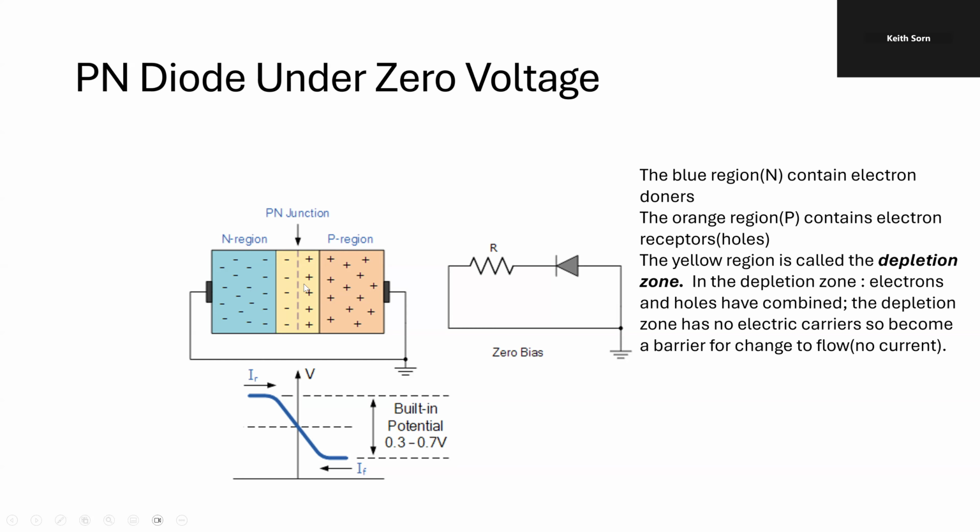The yellow area is what's called the depletion zone, and it is around where the P and N meet. What basically happens is some of the positives combine with some of the negatives and cancel each other out. So in the PN junction, we have no free charge carriers, nothing to carry a current. So the depletion zone acts as an insulator between the positive and negative. So no current will flow.